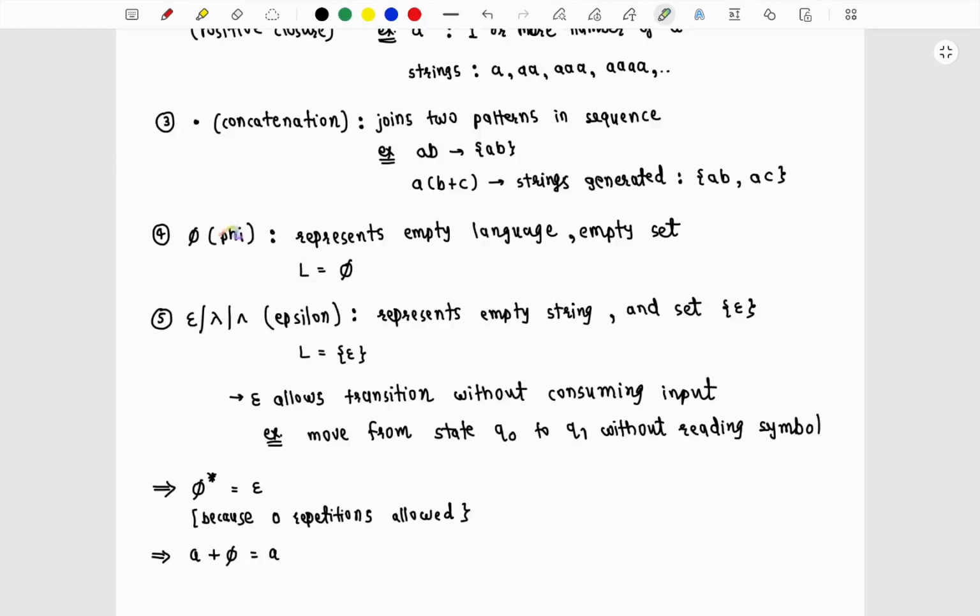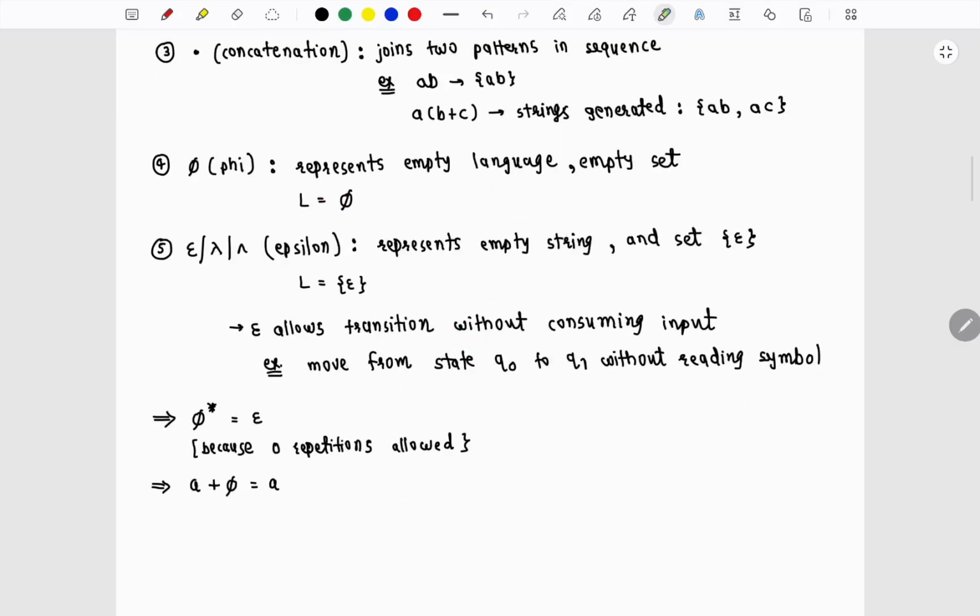Now the next symbol used is phi. Phi represents the empty language or empty set. How can it be written? L equal to phi. Now the next symbol is epsilon. Epsilon can be written in three ways. This, lambda, or this. All three can be called epsilon.